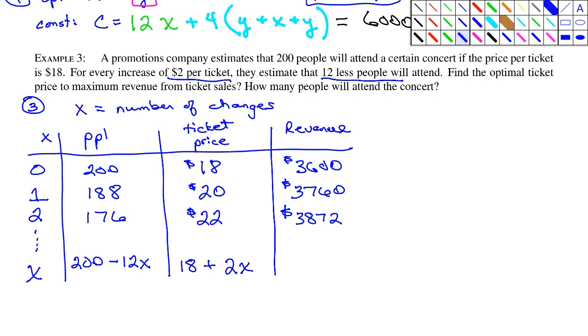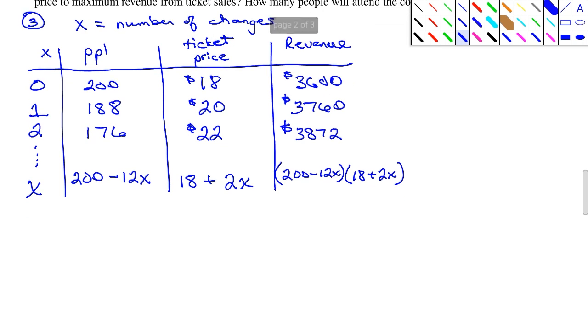And if you plug in 1 and 2 for these X values, you'll see that you get the numbers from the table here. Now revenue is still going to be 200 minus 12X, that's my number of people, times the ticket price, 18 plus 2X. And now this is the function that we want to maximize.